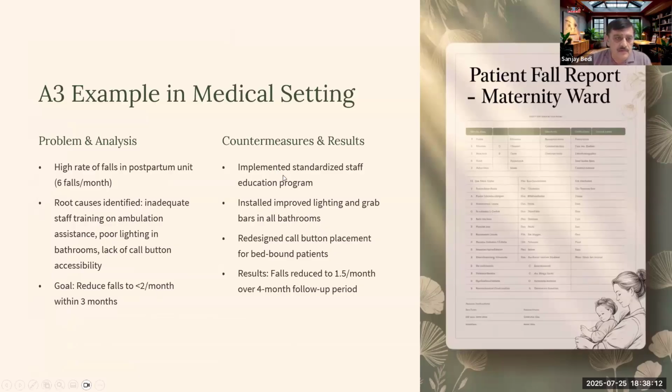Then in a medical setting, the problem and analysis: a high rate of falls in postpartum units, root causes identified. They could be inadequate staff training, poor lighting in bathrooms, lack of call button accessibility, and countermeasures could be implementation of staff education programs, installing improved lighting in all bathrooms, redesigning call buttons, and there could be a change in a defined period.